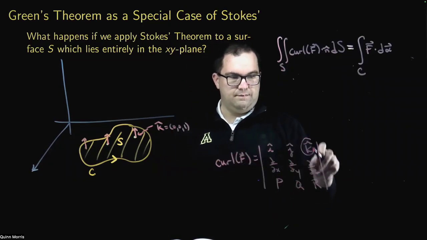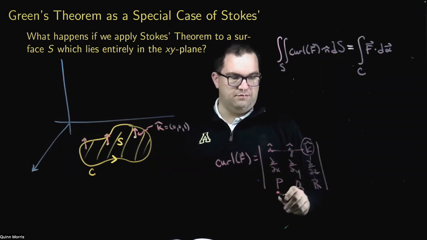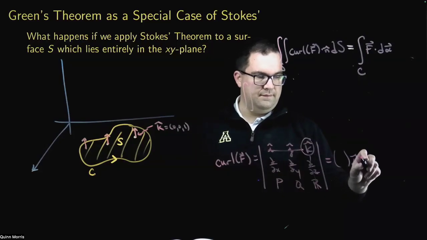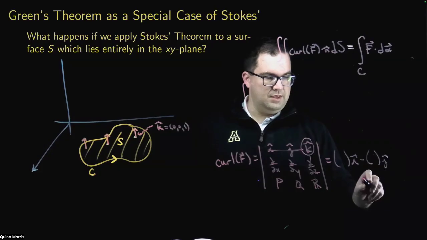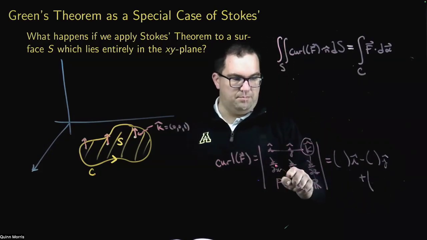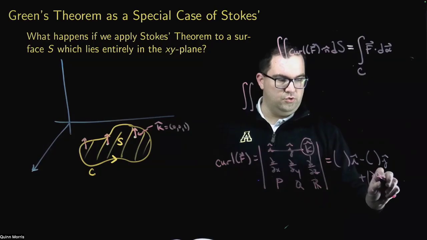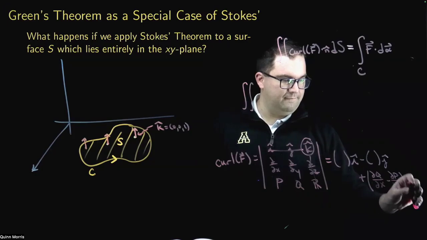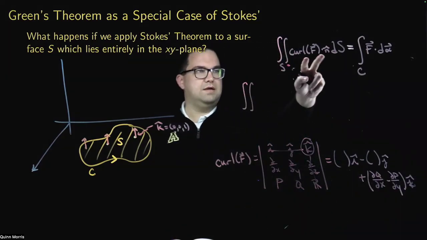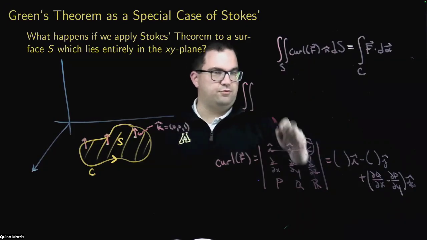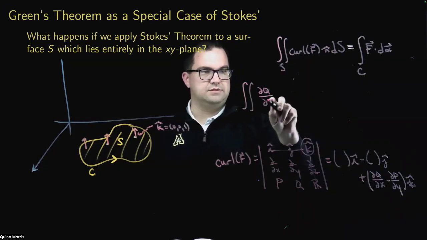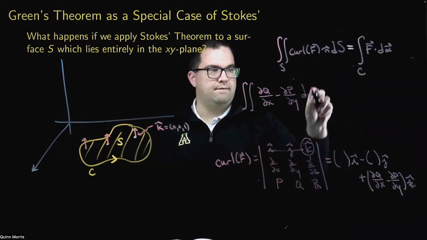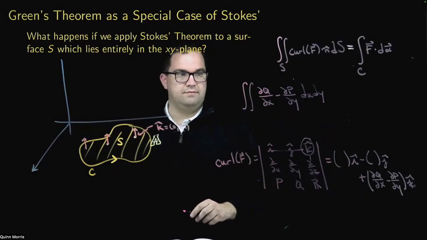Normally you get something times i minus something times j, and what I'm interested in is the z component. That's going to be ∂Q/∂x minus ∂P/∂y. Okay. And so if I come up here in this integral, what I'm going to be left with is just ∂Q/∂x minus ∂P/∂y, dx dy.